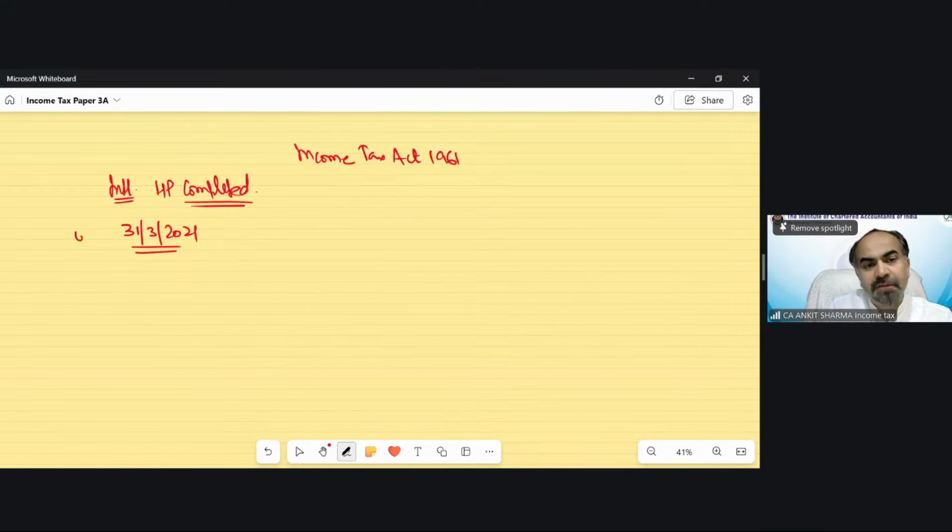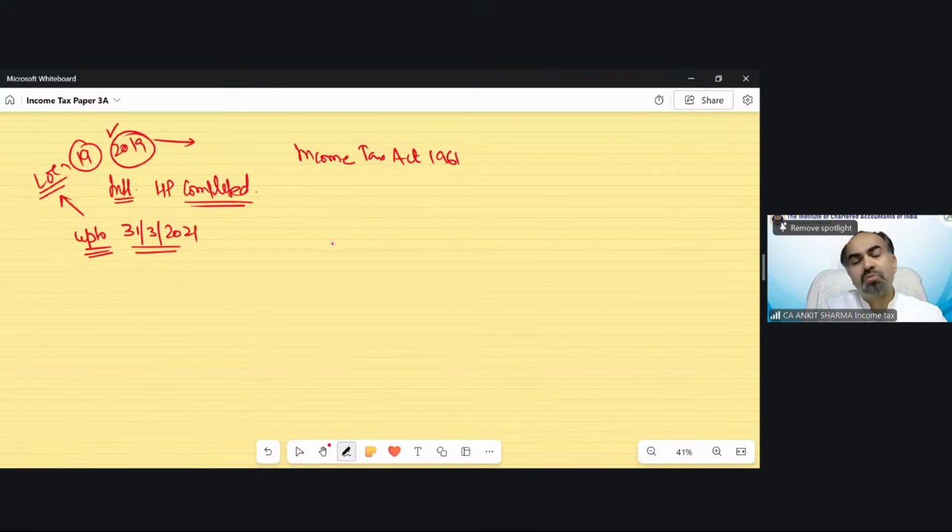So if your property has been completed up to 31st March 2021, and suppose you have taken loan, of course, before this date, suppose loan has been taken in 2019. So you must have calculated your interest of PPI from loan taken till the repayment of loan or 31st March before the house has been completed, whichever is earlier.